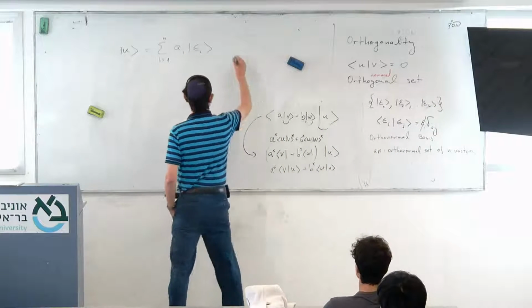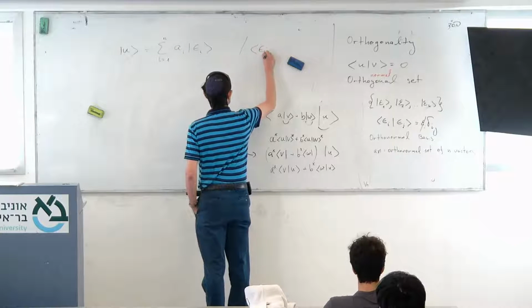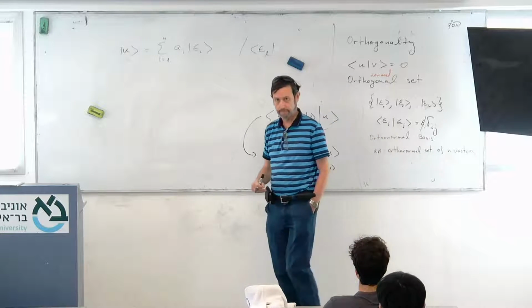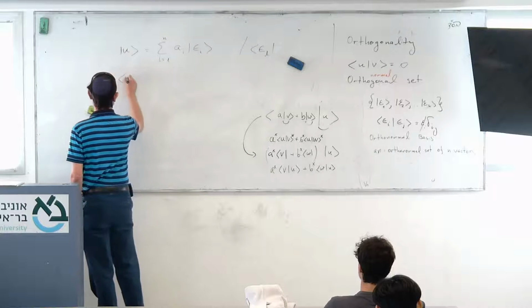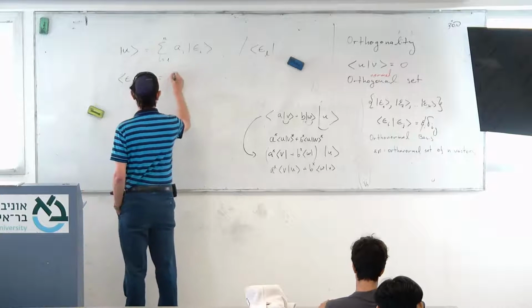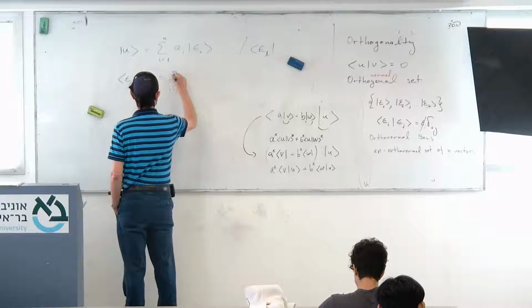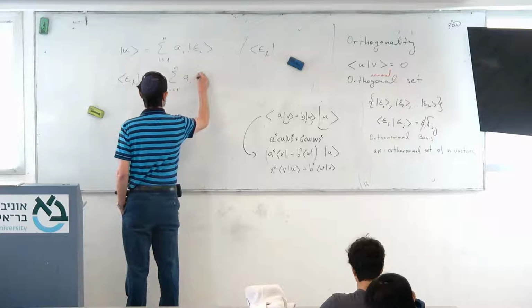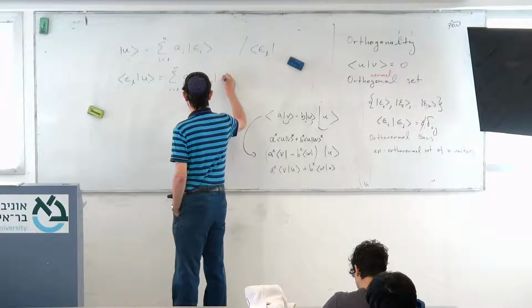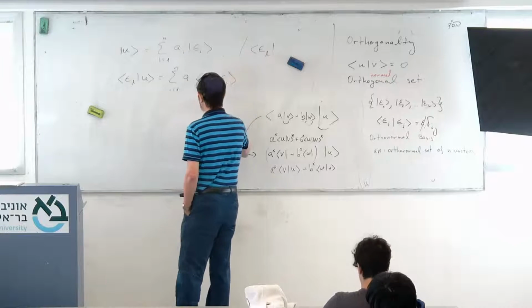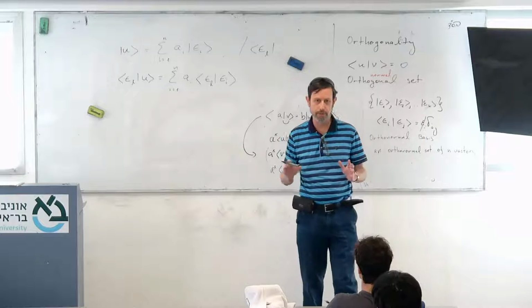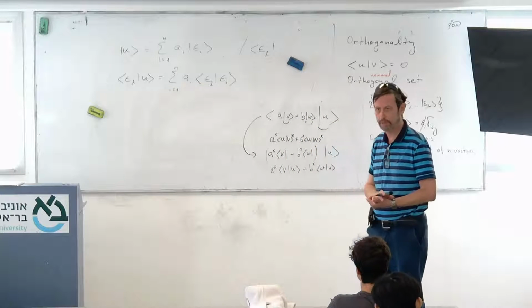Let's take this and multiply it by some epsilon. I just use the definitions of vector multiplication that we have already studied.